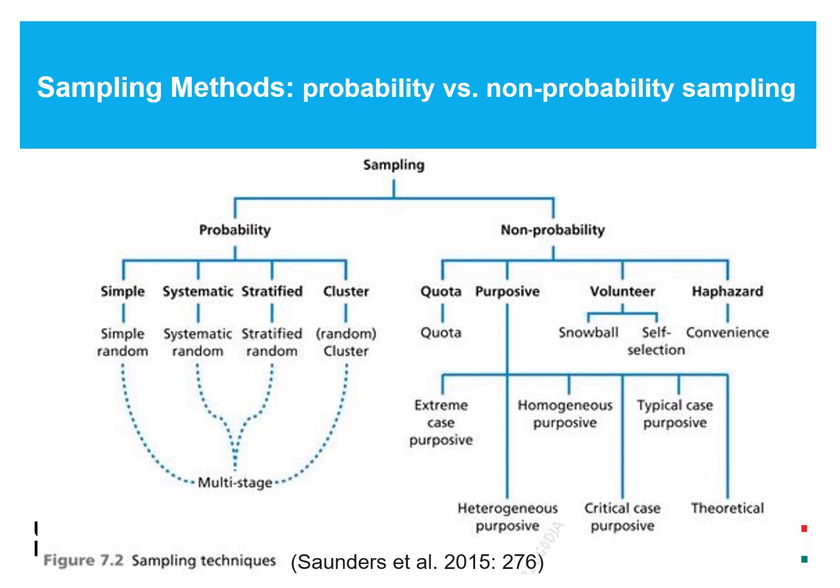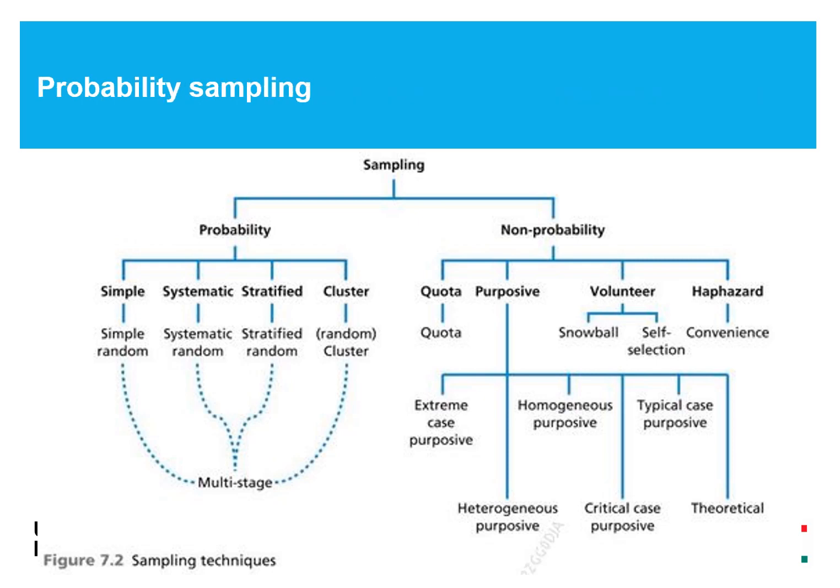According to Saunders, there are two main sampling methods: probability and non-probability. As can be seen from Saunders' sampling method diagram, under probability there are 4 types of probability sampling, and under non-probability there are equally 4 other non-probability sampling methods.